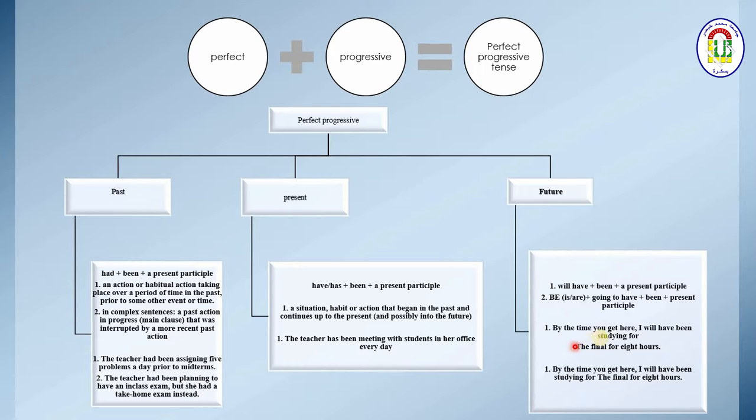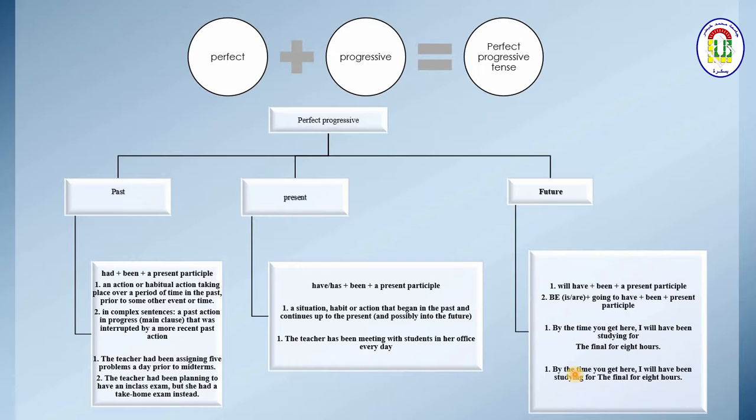So by the time you get here, I will have been studying for the final for 8 hours. So by the time you get here, of course in the future, I will have been studying for the final for 8 hours. So it starts from the present and ends in the future.